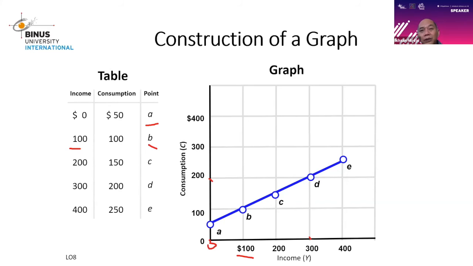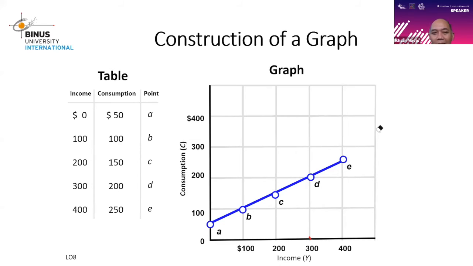One tip that I always give to students when you want to construct a graph: you don't need 4 or 5 points. Earlier we made 4 points, but if it's a linear, a straight graph, we don't need many points.